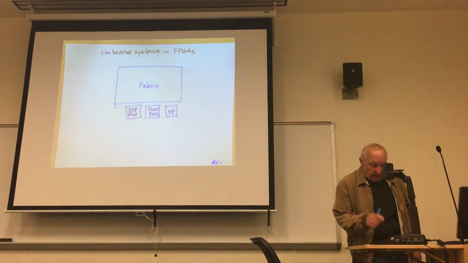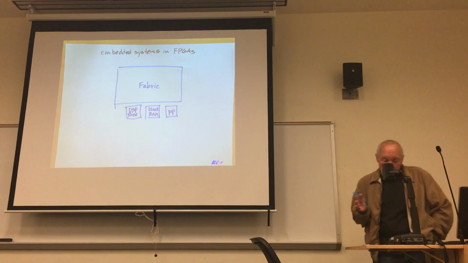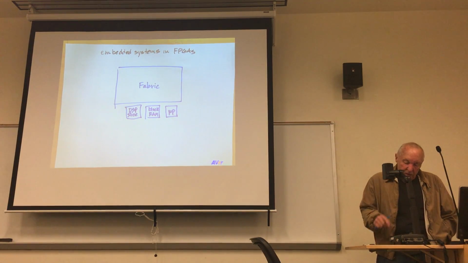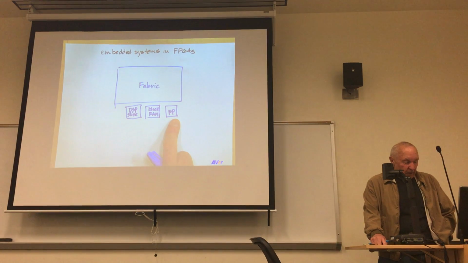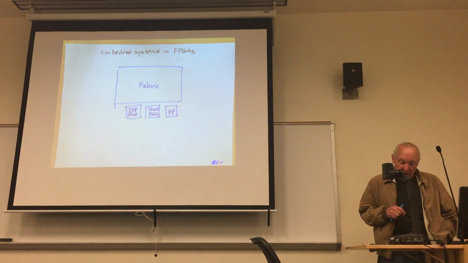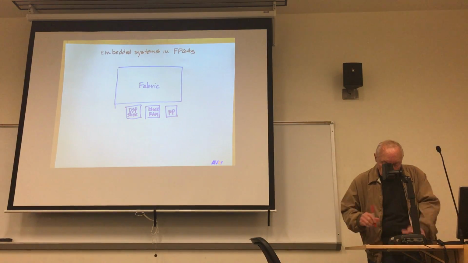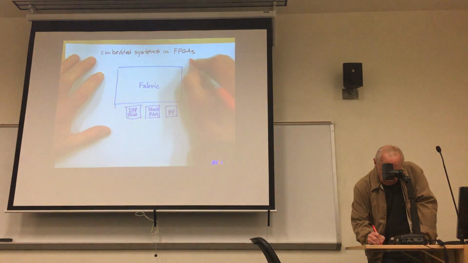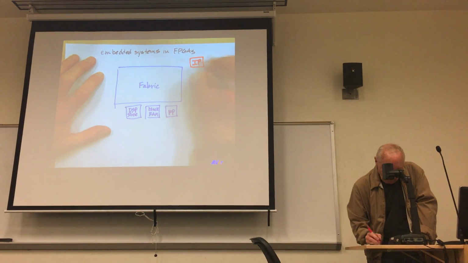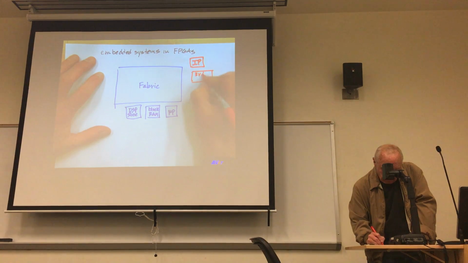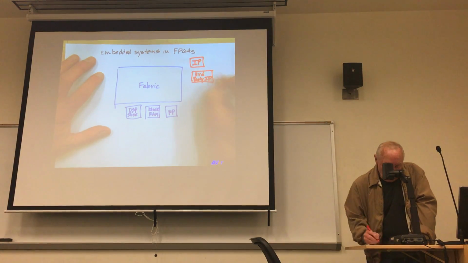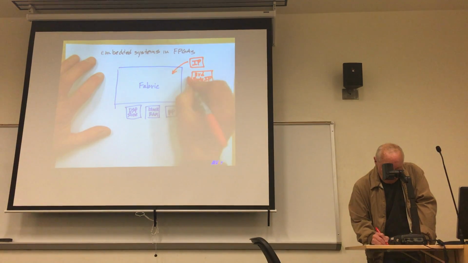Here's some hard IP. We'll assume that this is one of the FXT Virtex-5s. So we've got a couple of PowerPCs available. We have block RAM and we have DSP slices. Got some IP, and let's say some third-party IP. That'll go here into the fabric.